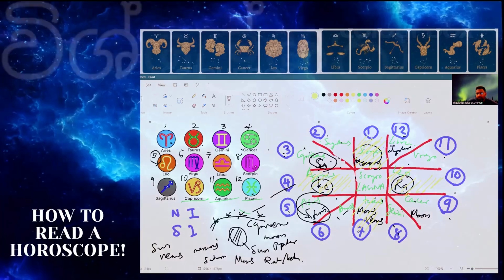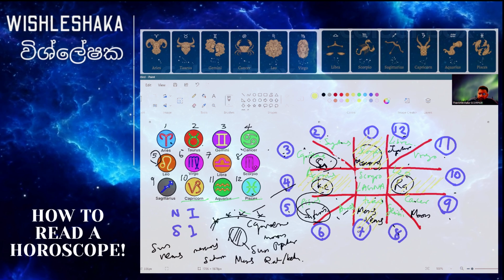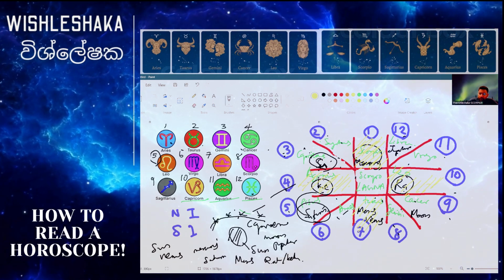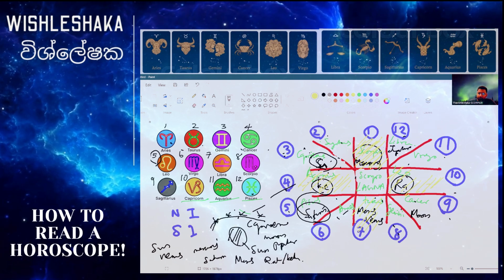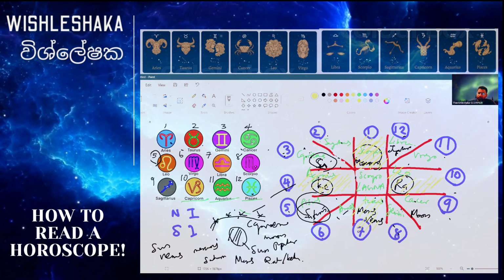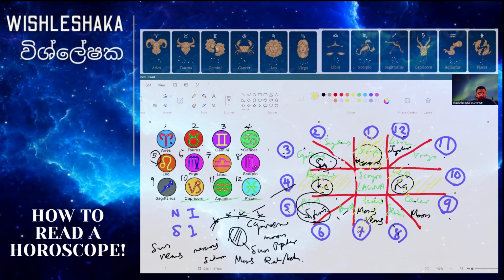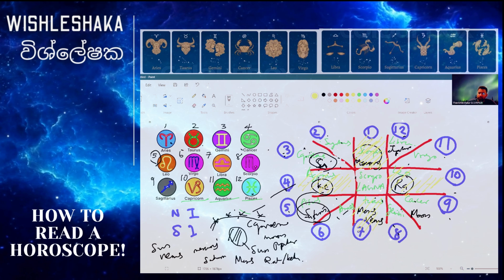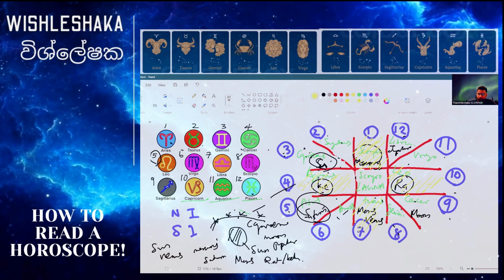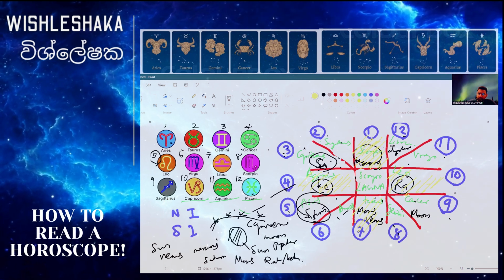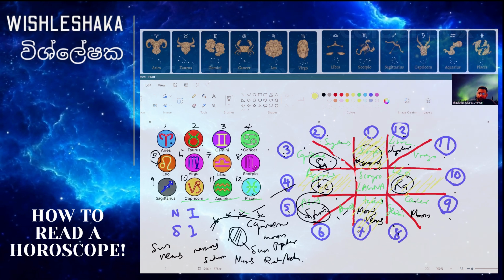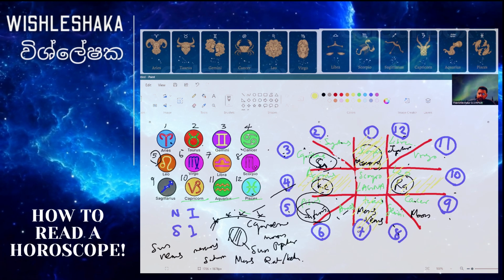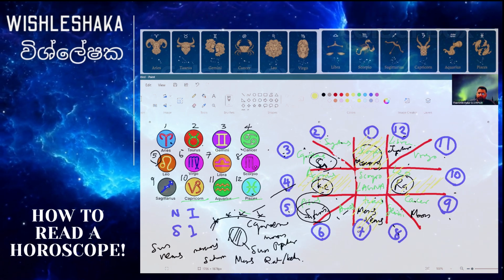So if some planet is in 1, 4, 7, 10, that planet is naturally strong. Evil planet or good planet or whatever, that is a pretty good placement because it's in a Kendra. Not every planet, but most of the time, because these Kendras are the most powerful places in a horoscope.